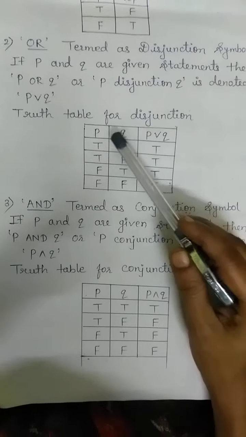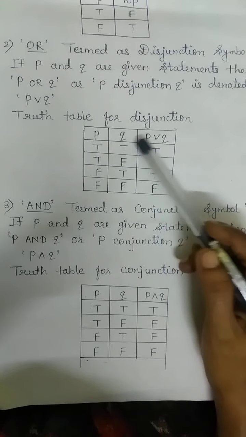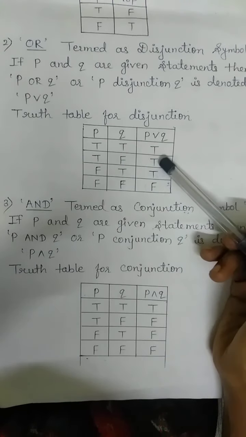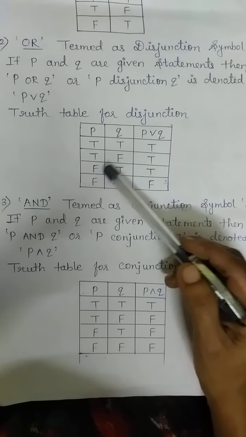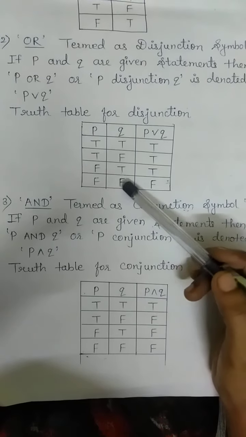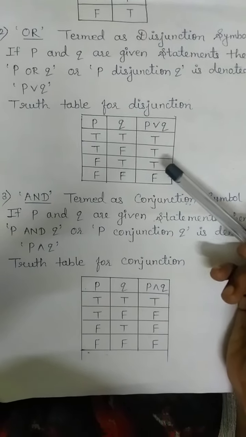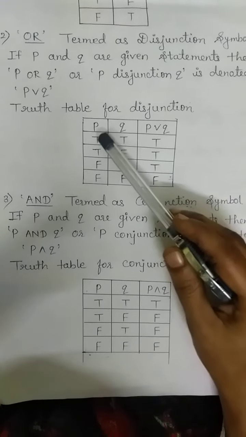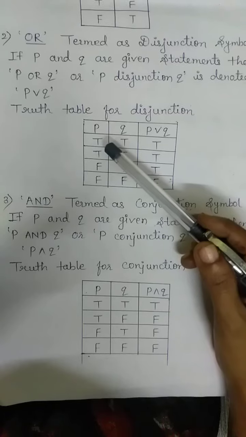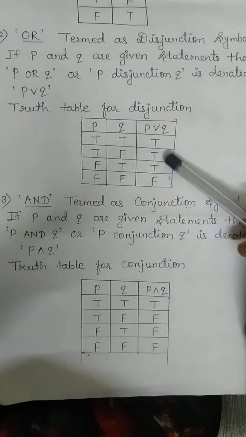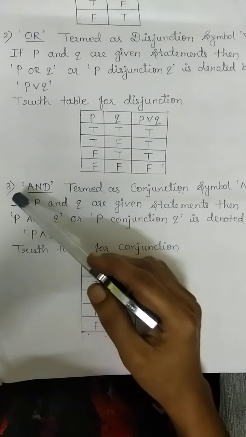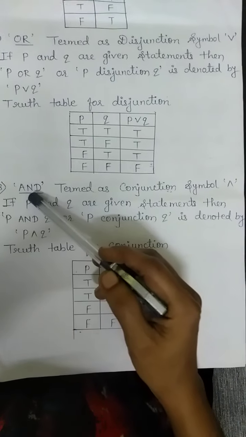So here when both the statements are true, we will get true. First is true, second is false, then true. First is false, second is true, then true. And when both are false, then false. Means we can say that out of both the statements, if any one statement is true, then answer is true, otherwise false.